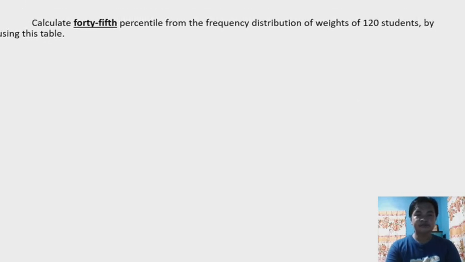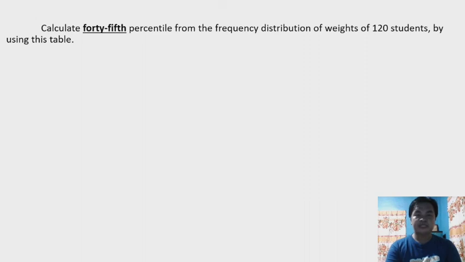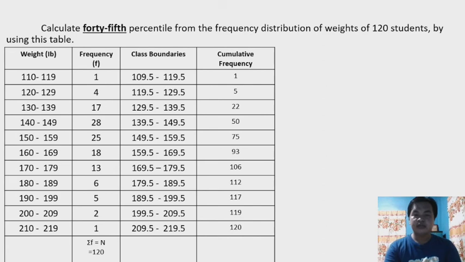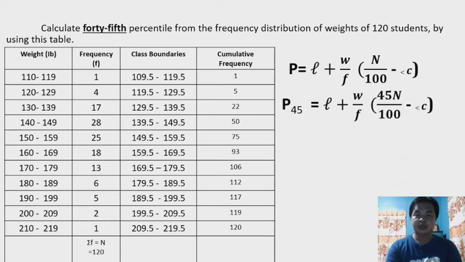At ang sunod naman natin na i-calculate ay ang 45th percentile from the frequency distribution of weights of 120 students. Ganun din po ang formula na gagamitin natin dahil 45th ang hahanapin. So, magiging ganito na.